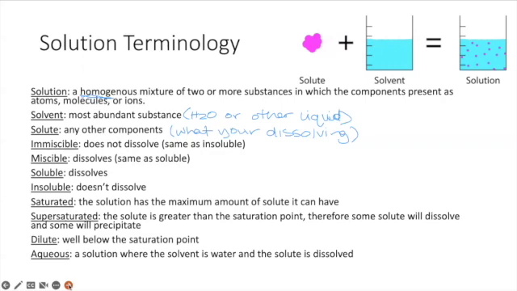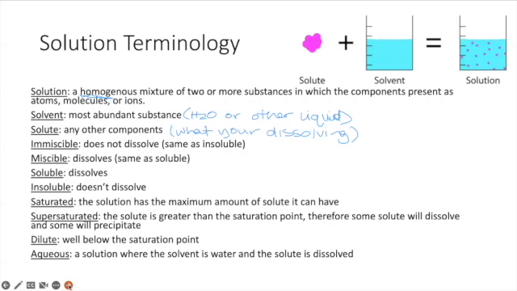Saturated is a term for when the solution has the maximum amount of solute that it can have. When we put solute into water, let's say our solute was just table salt and our solvent was water, at some point I can add so much table salt that it won't be able to dissolve.